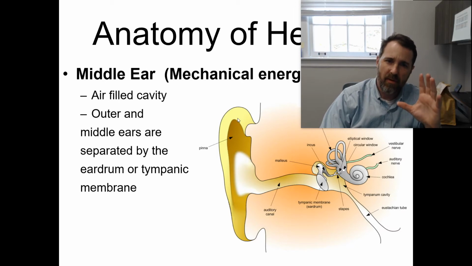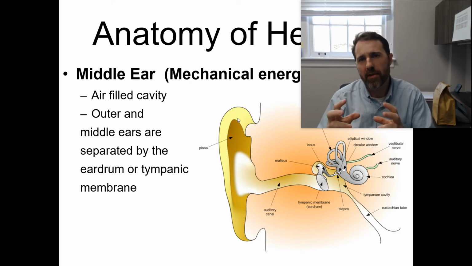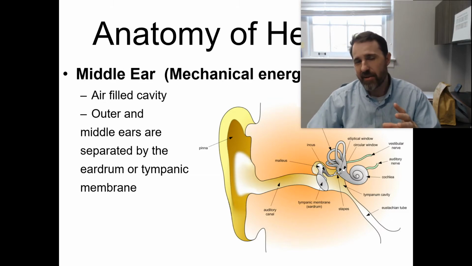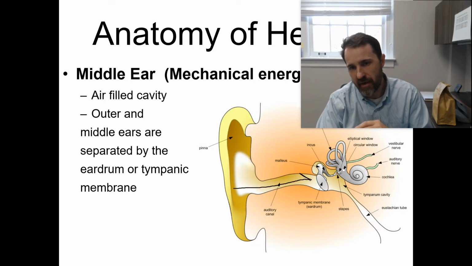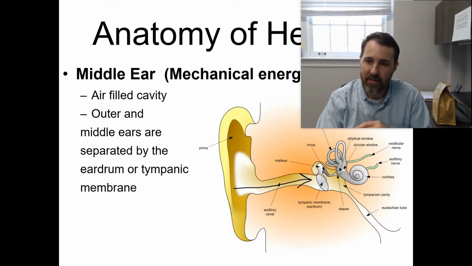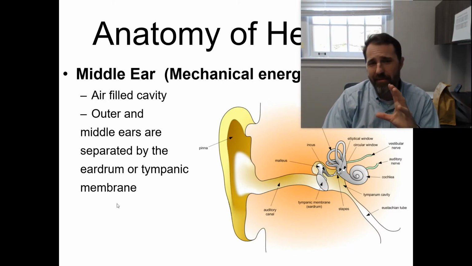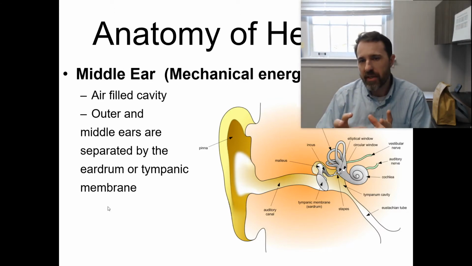The purpose of the outer ear for hearing is to gather acoustic energy, meaning vibrations moving through the air, and to direct those vibrations into the external auditory meatus, into the ear canal, to pass down to what is your eardrum, also known as your tympanic membrane.